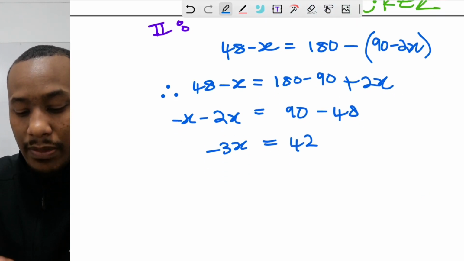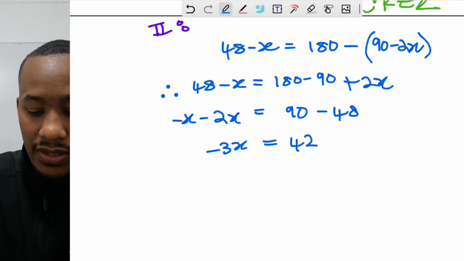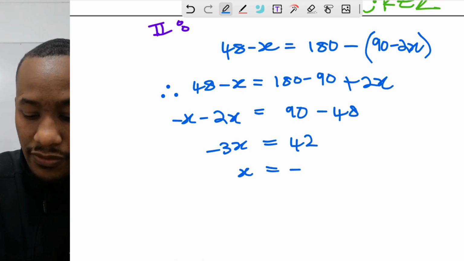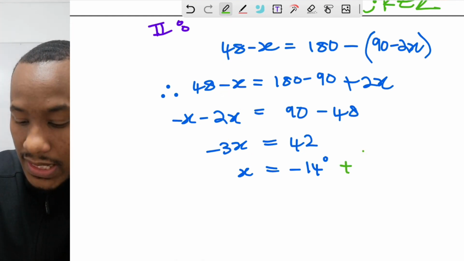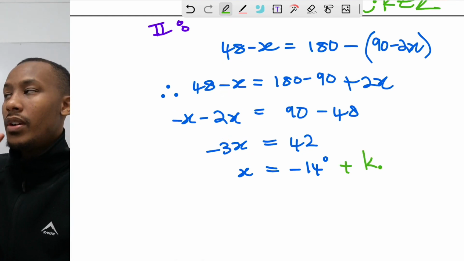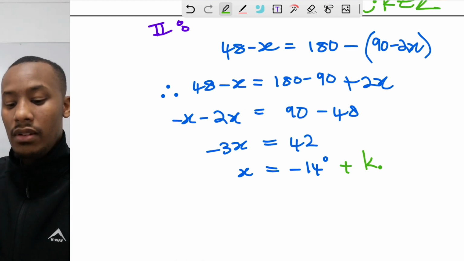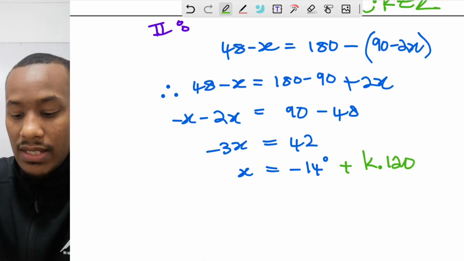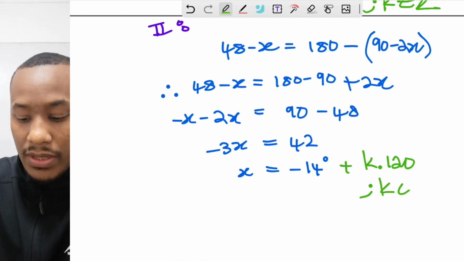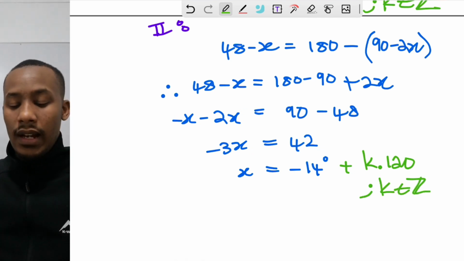I have to divide by -3 on this side, so x is equal to -14 degrees. Let's just write plus k. This time I can't say plus k 360 now. I'll have to say plus k 120 degrees with k an element of all integers.